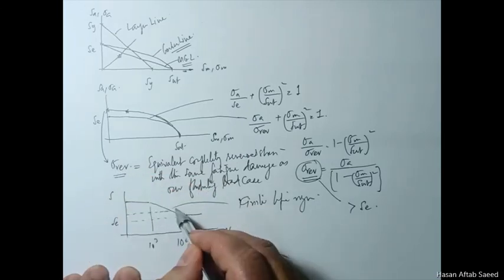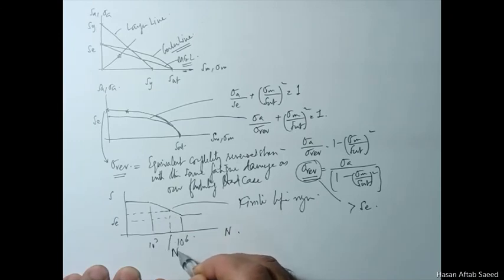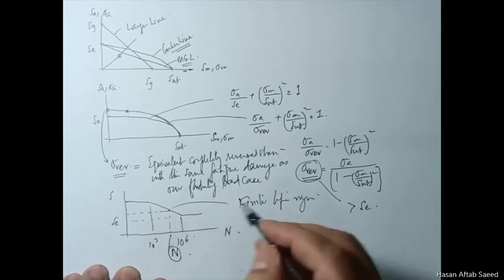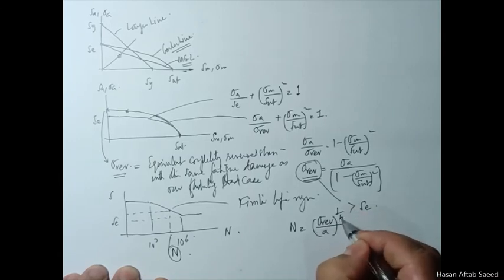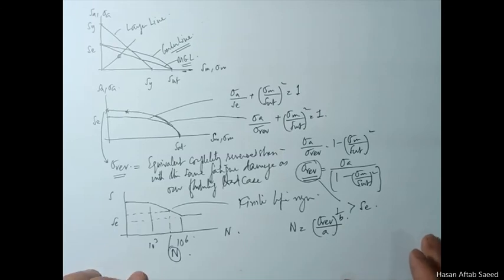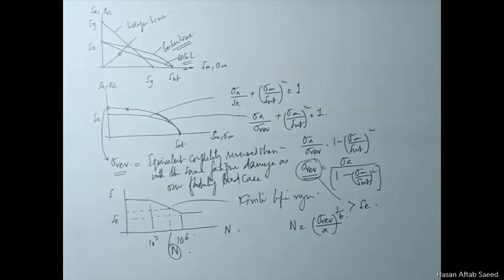So you just go there and read the value of n from here. Again, we don't plot this, we use the familiar expression with A and B, very easy to calculate once you have all the strength values. This example demonstrated the use of the Gerber criterion, but you can do the problems concerning ASME-elliptic in a similar fashion. Thank you.